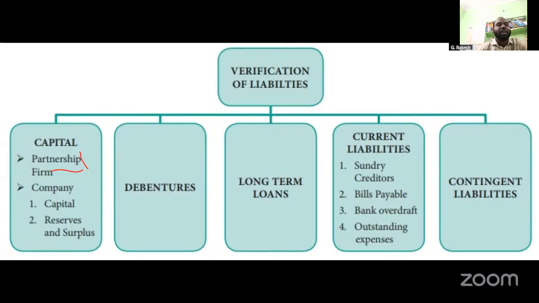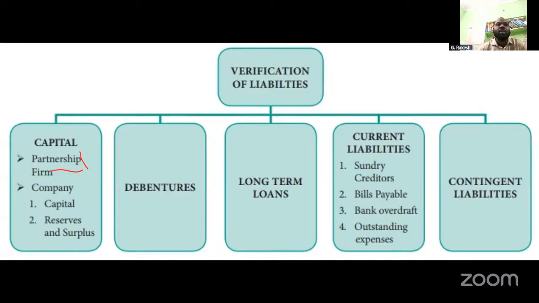Why does he have to verify the partnership deed? The partnership deed contains the details of the partnership: the agreements they have agreed to for the conduct of the business organization, the interest rates to be followed during the business, the limit of the capital, the drawings limit, and how the interest on drawings has to be calculated.